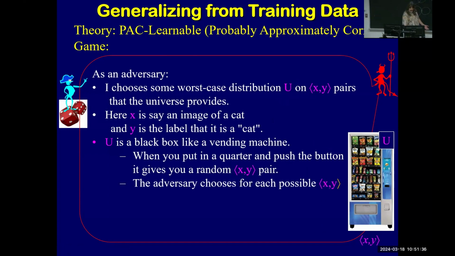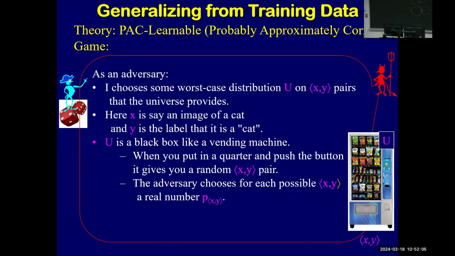And so what is the adversary choosing, right? It kind of chooses for every possible input, for every possible XY, it gives a real number P, which says, what is the probability that when I push the button, I get out this pair, XY, right?